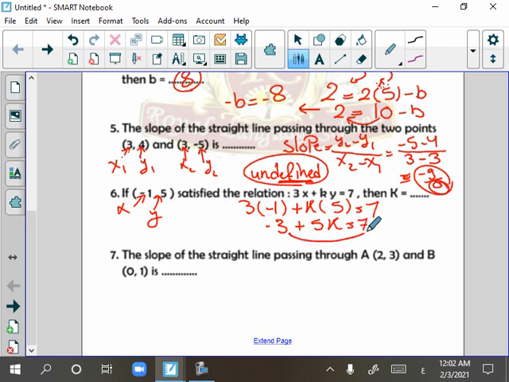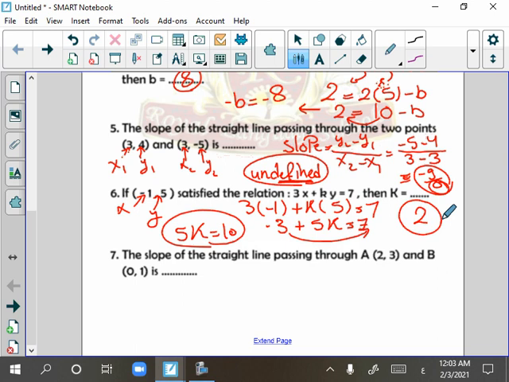When negative 3 goes to the other side, then 5k equal 10. By dividing both sides by 5, then k equal 2.